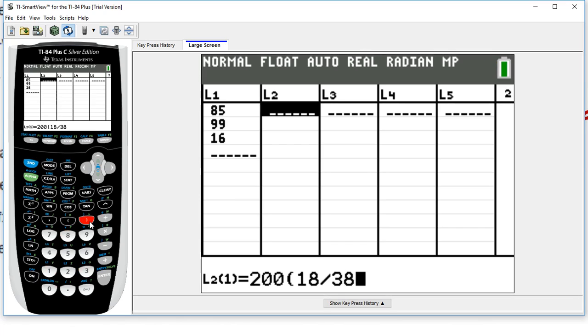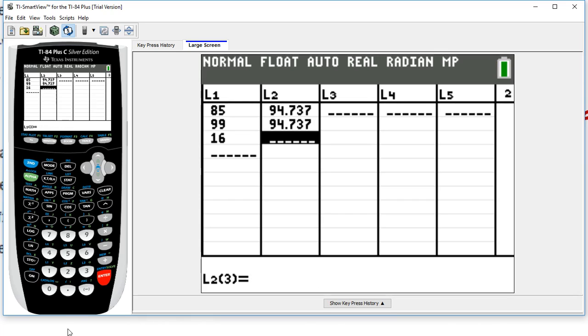I just let it do it for me right there. 94.737. And then I'll just do it again so it does the whole thing, even though I know it's the same number. 18 out of 38. And last one, 200 times 2 out of 38. And those are our expected.